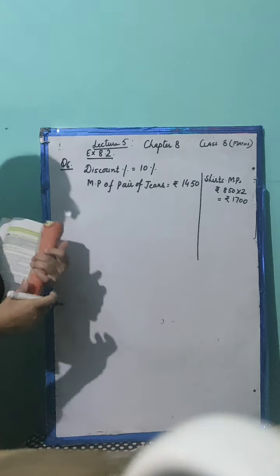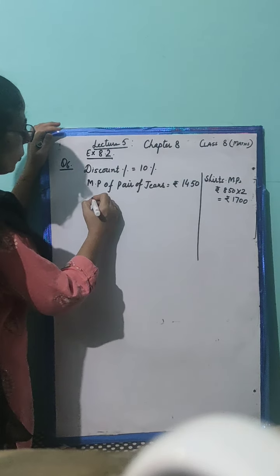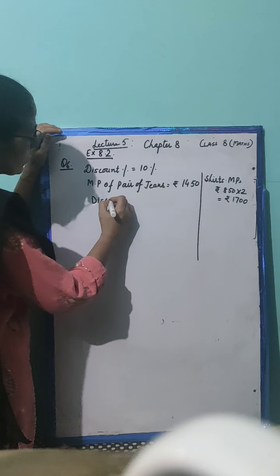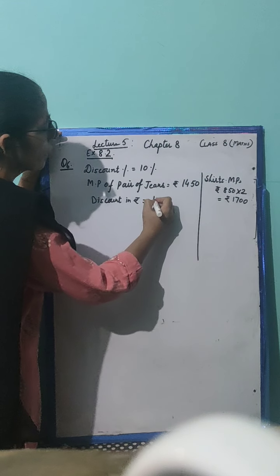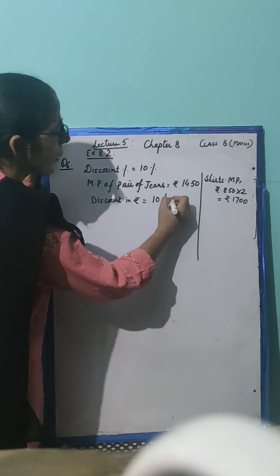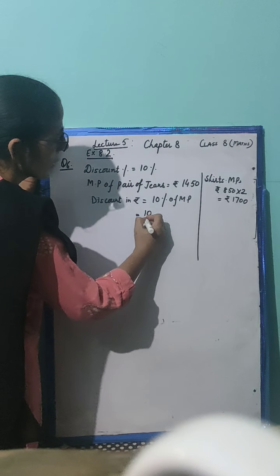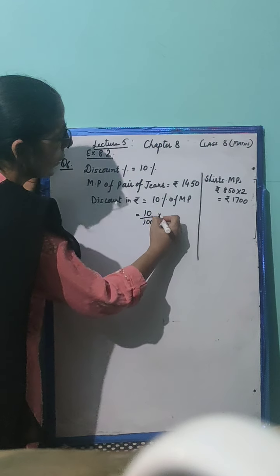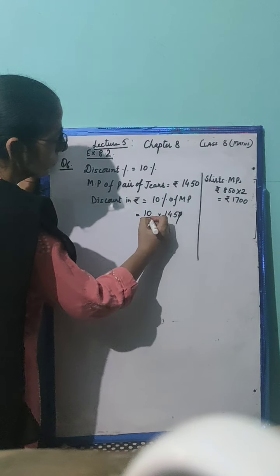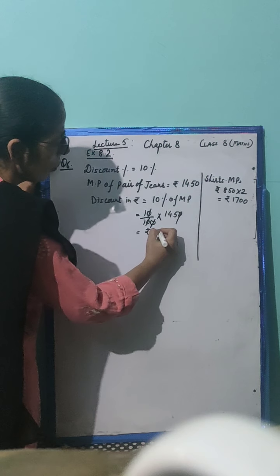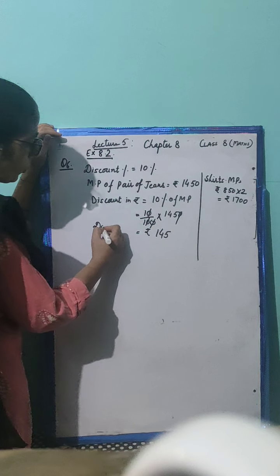And because the 10% discount is on both, the discount in rupees is equal to 10% of the marked price. That is 10 upon 100 times the marked price 1450. So this is 145 rupees, the discount in rupees.